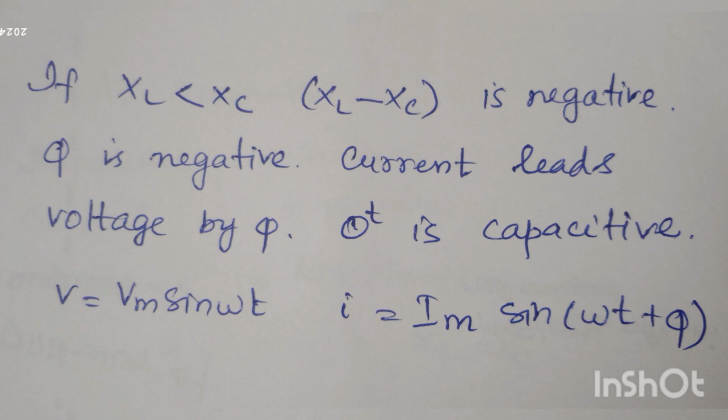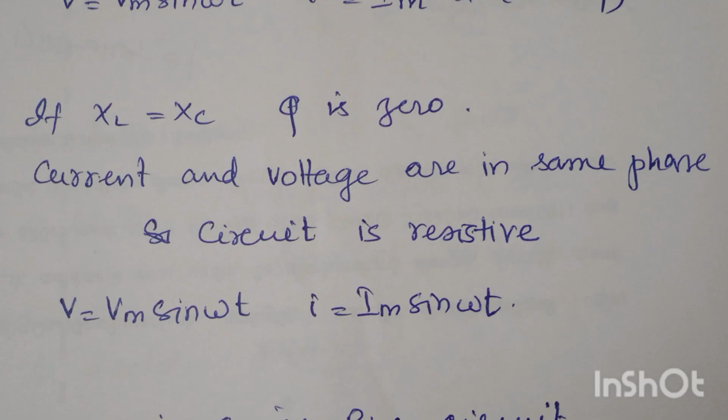Circuit is capacitive. V is equal to Vm sin omega t, I is equal to Im sin omega t plus phi. Then if XL is equal to XC, then phi is equal to 0. So current and voltage are in same phase. Circuit is resistive. Then V is equal to Vm sin omega t, I is equal to Im sin omega t.